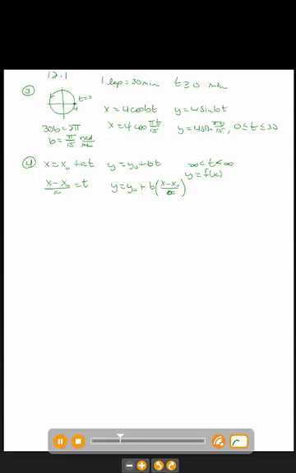If I try to clean this up a little bit, I could bring that y sub 0 over so that we would recognize this, and this is going to be b over a times x minus x sub 0. So this describes a line that has a slope of b over a and goes through the point x sub 0, y sub 0.